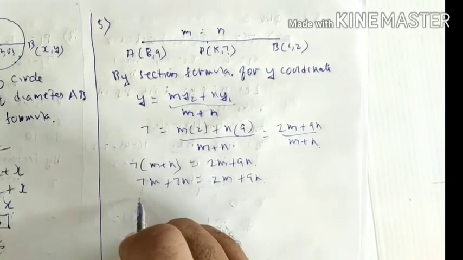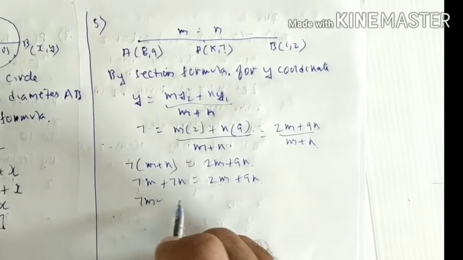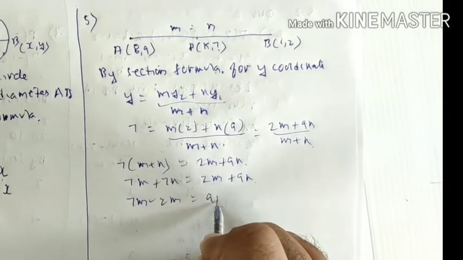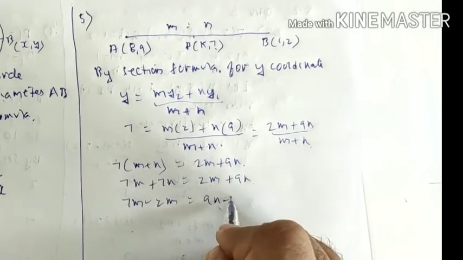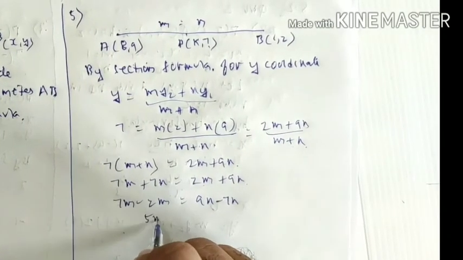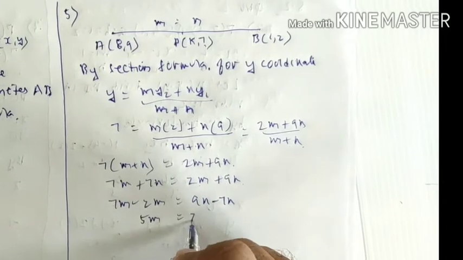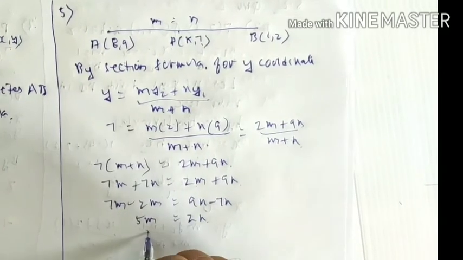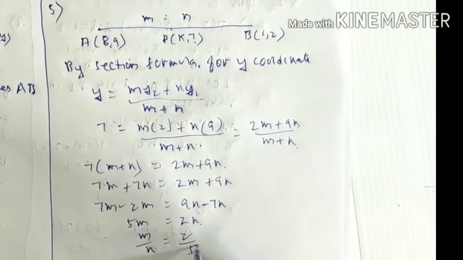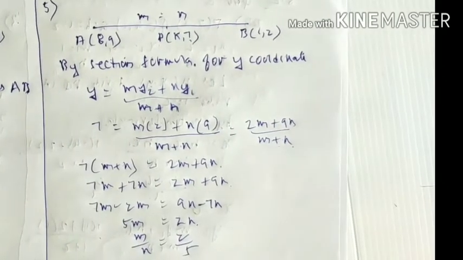Bring m to the left side. 7m minus 2m is equal to 9n minus 7n. 7 minus 2 is how much? 5m is equal to 2n, or m upon n is equal to 2 upon 5.